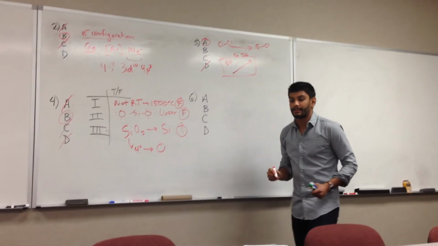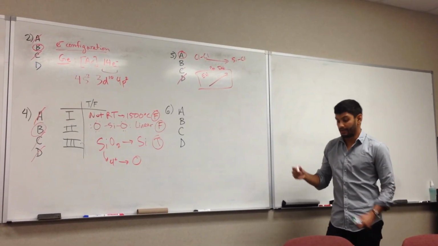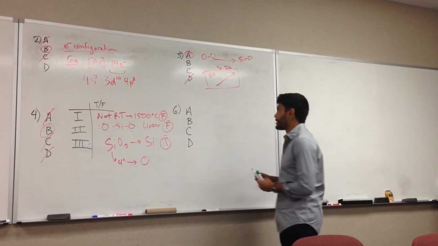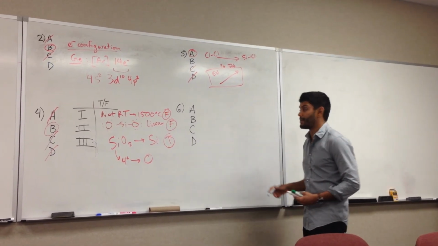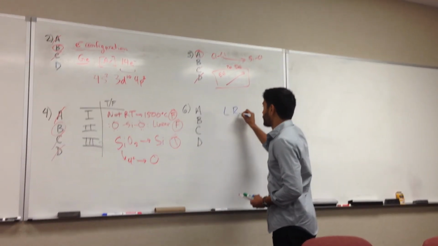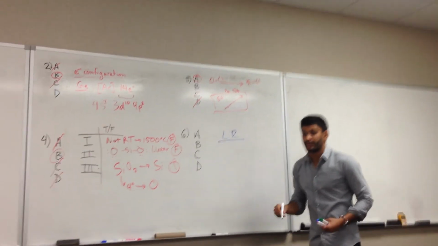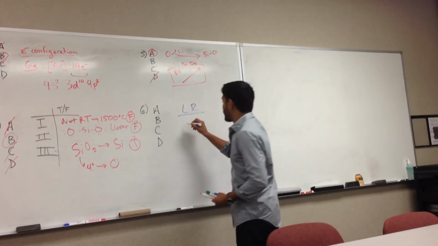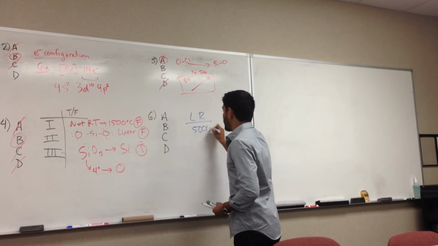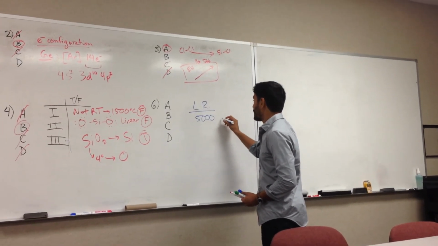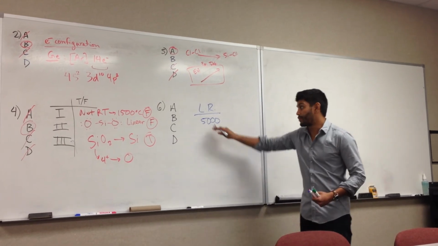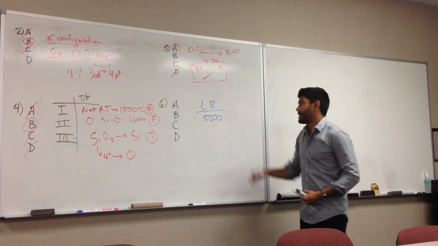And finally, we're left with our limiting reagent question. Okay? So, referencing equation number 2, found underneath paragraph 3. Okay, so we have 5,100 grams of SiCl4. SiCl4, so we're going to say that's 5,000 grams.